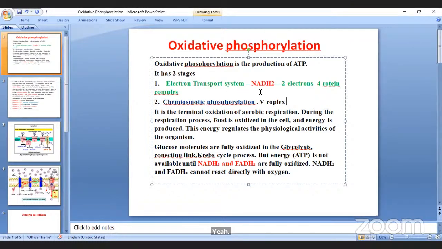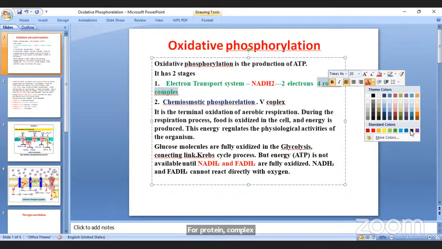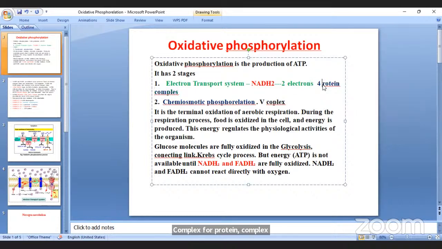Electron transport, which is carried out by 4 protein complexes. Next is chemiosmotic phosphorylation, which is carried out by the last complex, the 5th complex.